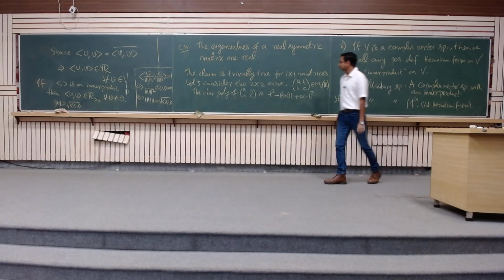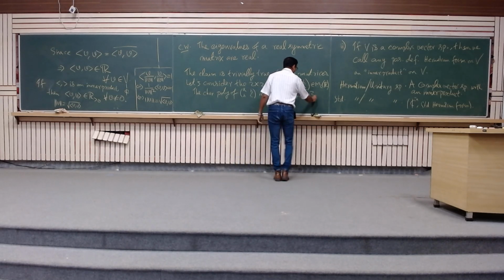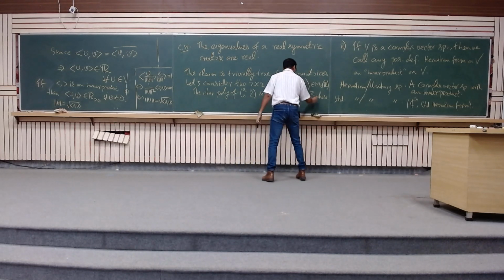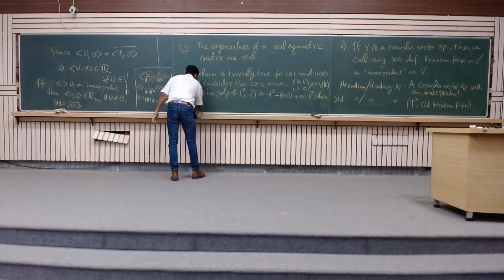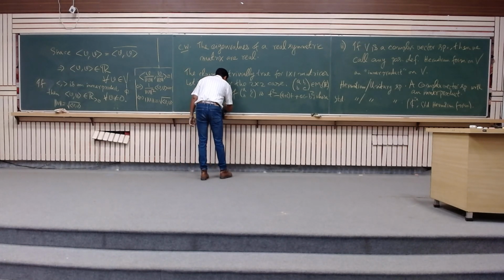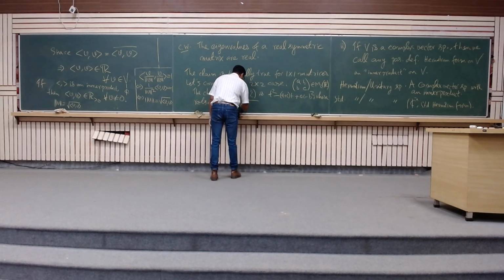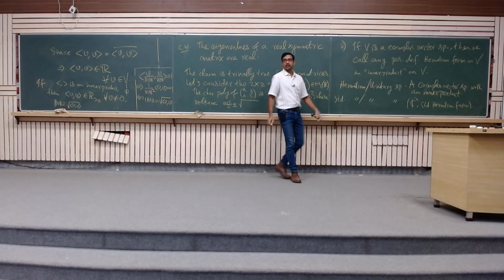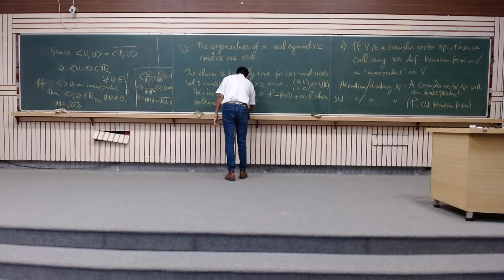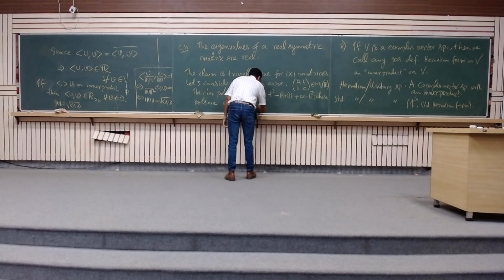So in particular, its roots are (a plus c) by 2 plus or minus half the root of (a plus c) squared minus 4 times (ac minus b squared).